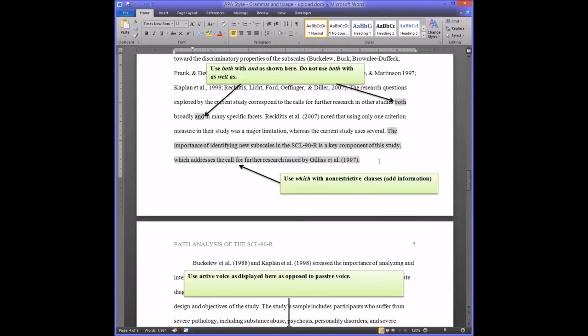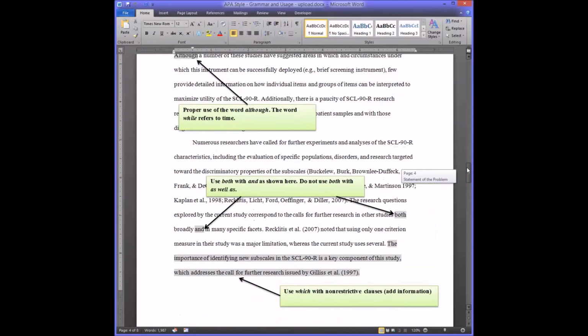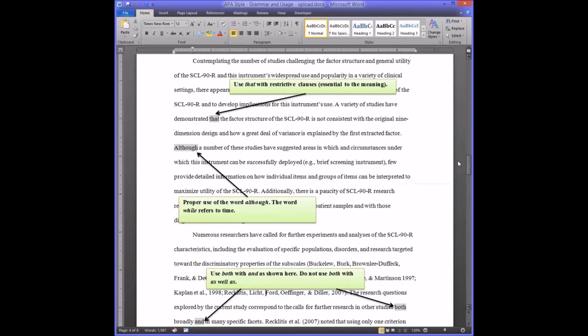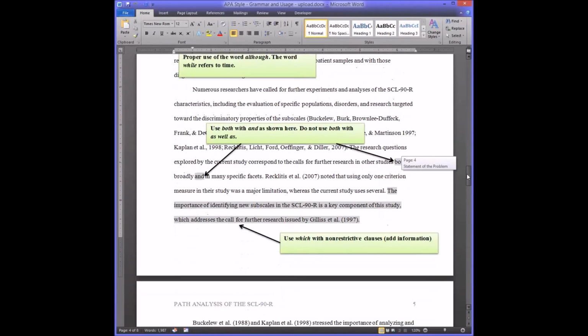So moving down here, and we're looking at the word which. Now oftentimes individuals writing APA style struggle between the word that and the word which. And I mentioned up here that you use that with restrictive clauses. Well, the word which is used with non-restrictive clauses. These are clauses that simply add more information, but it's not essential.